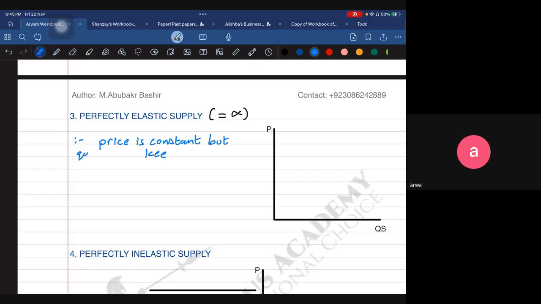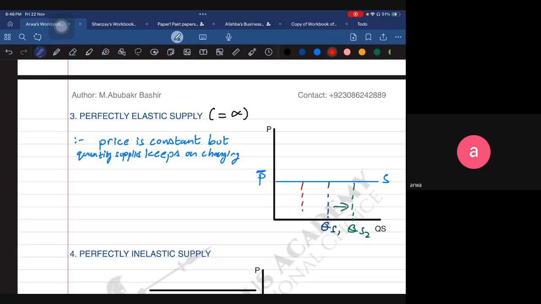Quantity supplied keeps on changing. This is going to be a horizontal graph, because price is constant but quantity supplied keeps changing. It is going to higher quantity supplied or lower quantity supplied.